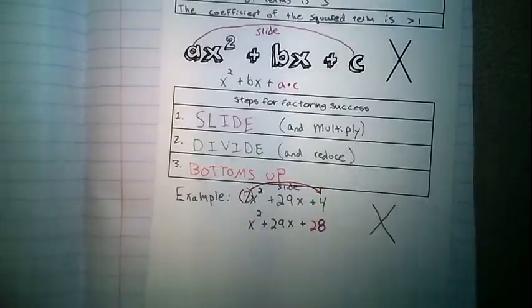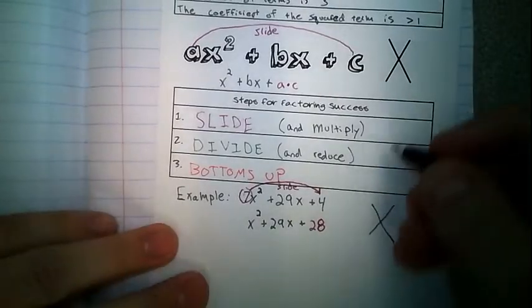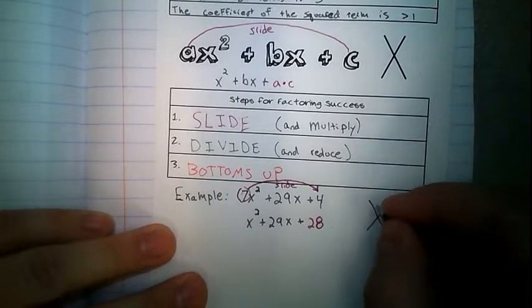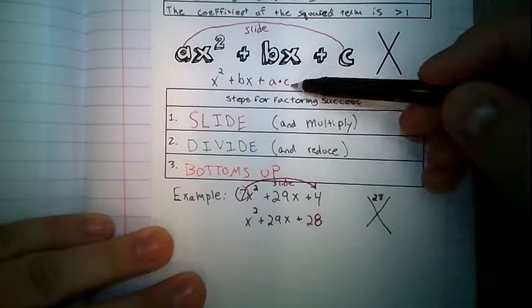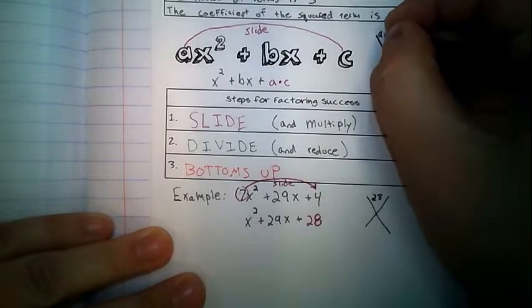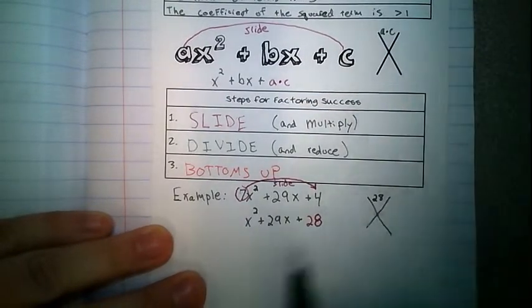I'm looking for two numbers that multiply to 28, which would be a times c, and still add up to b.